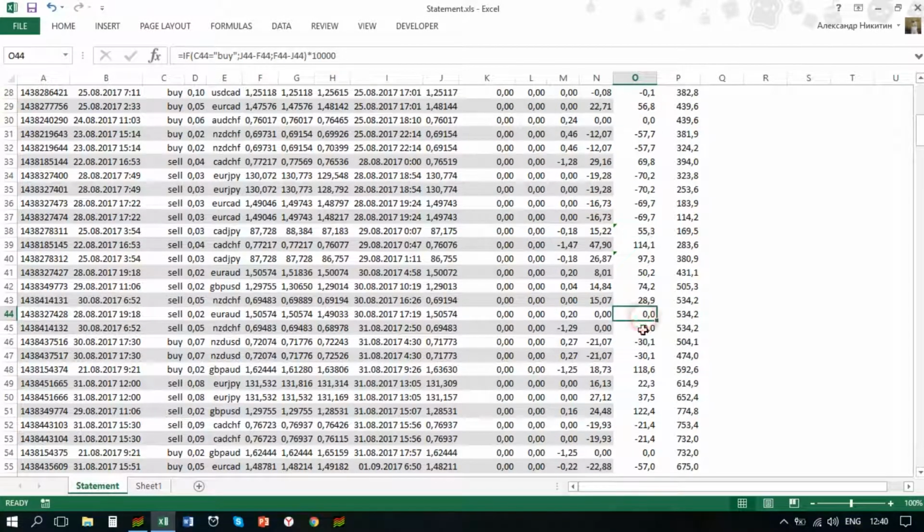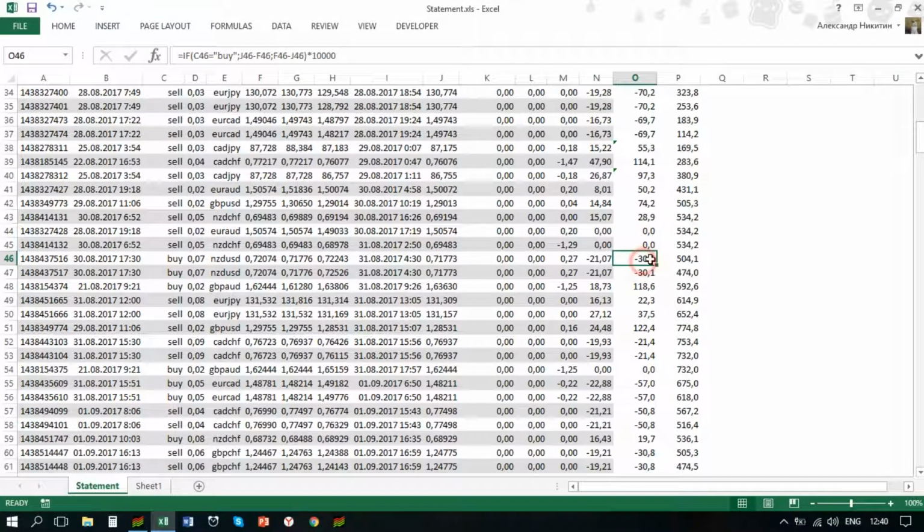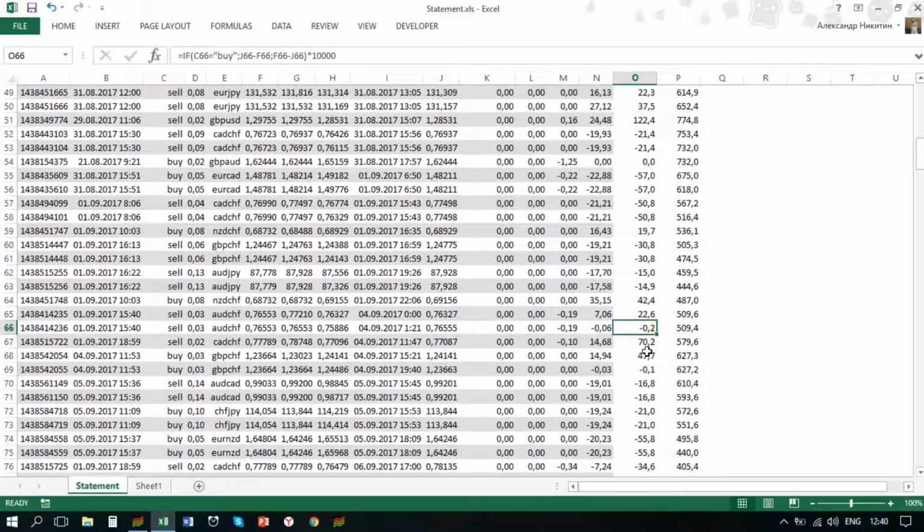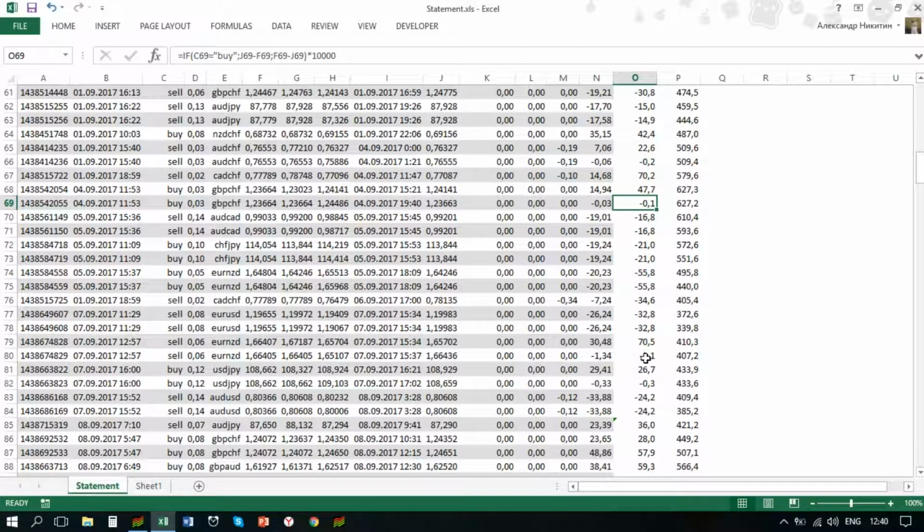Here you have the same. Sometimes this negative is obviously a loser. It is minus 30 pips. But this one, somewhere around zero, is actually a break-even trade, but it was slippage. This 3 pips: I was never risking 3 pips. My minimum stop loss is 10 pips.